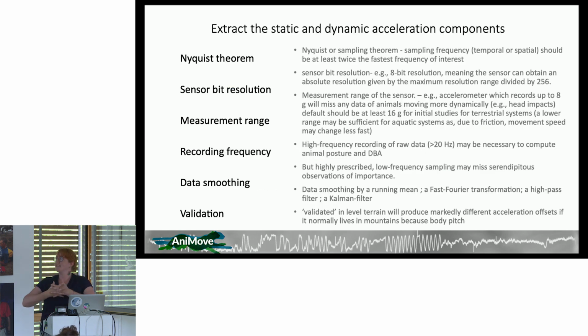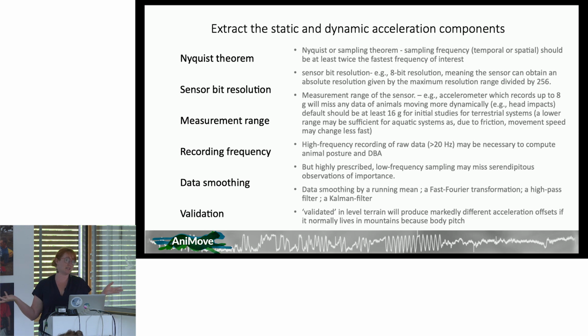There's a lot of processes that we have to consider as we take this dynamic signal out of the accelerometer. The most important one is the sampling rate of your sensor compared to the rate at which the animal's behavior is performed. So if I was interested in flapping, I would want at least 4 points, for example, per flap of the bird.